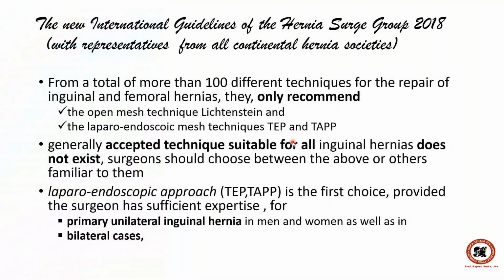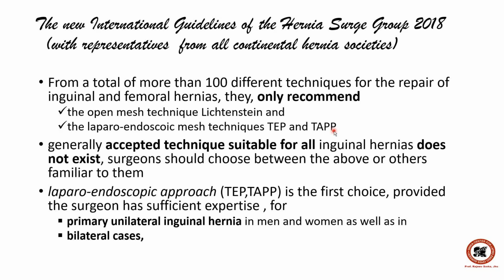Now, the new international guidelines for hernia surgery group, what you'll do with inguinal hernia, and what is recommended is the open mesh technique like in Lichtenstein and the laparoscopic mesh technique, TEP and TAPP, are the recommended methods of tackling inguinal hernia. Now, a generally accepted technique suitable for all inguinal hernias does not exist. You cannot say that this particular technique is good for all hernias.